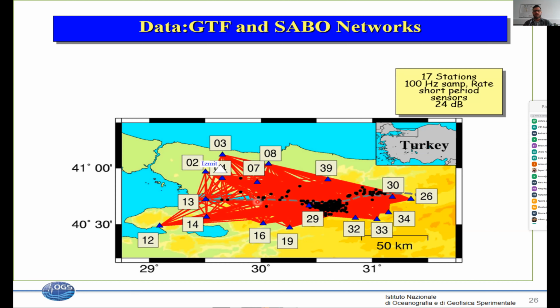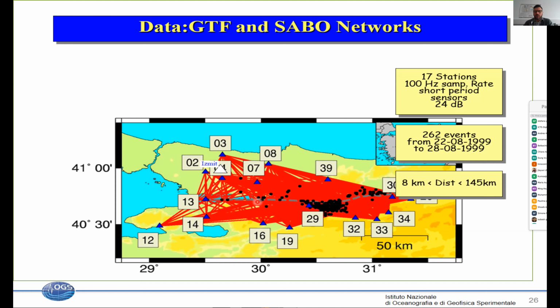So if you do this, you can combine many recordings. In this case, we used 262 events. And you see we have nearly 20 stations. We were considering a distance range between 8 and 145 kilometers, so quite a large distance range between events and stations.